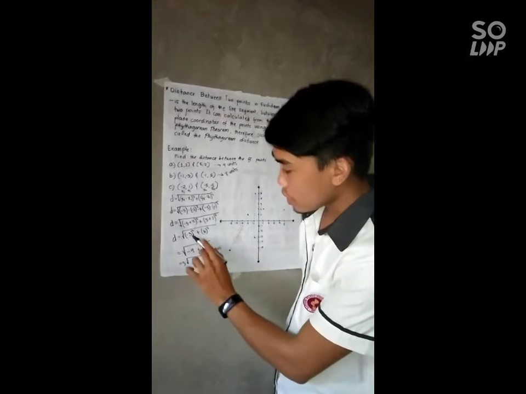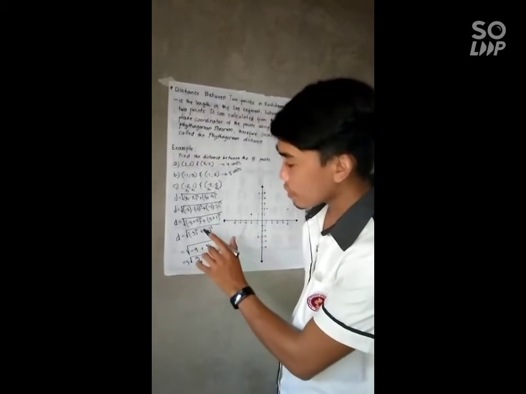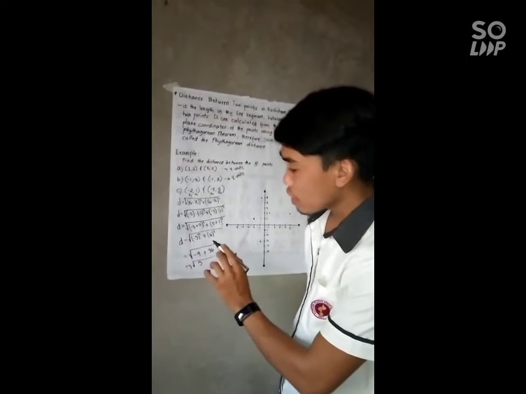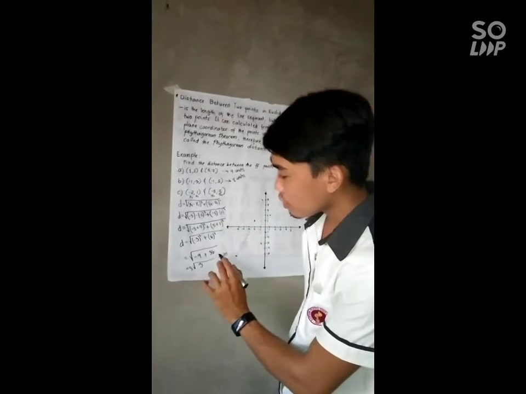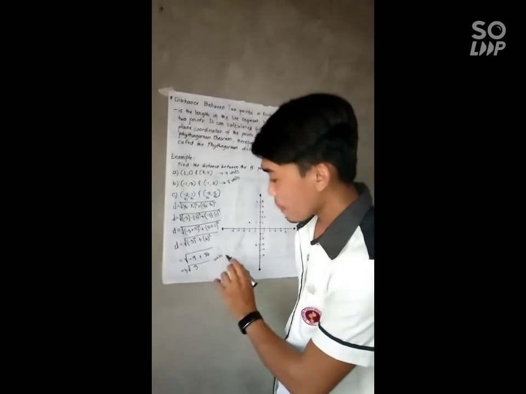So 9 plus 36. We input it in the calculator and the answer is 3 square root of 5 units.